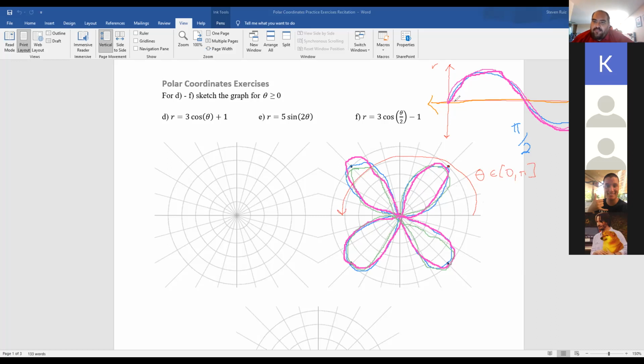I'm very confident you could easily graph this from pi to 2 pi, and knowing that, you could just continue the behavior of this graph and get all 4 of those petals, which it looks like at least a handful of you have done. Any questions about how this one got generated?